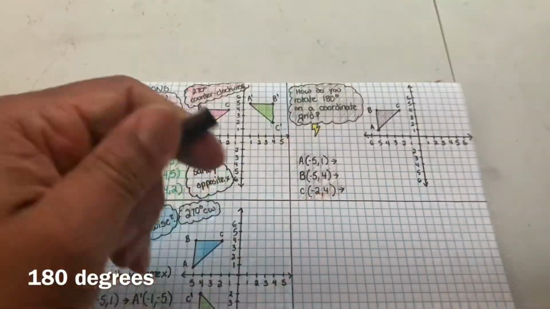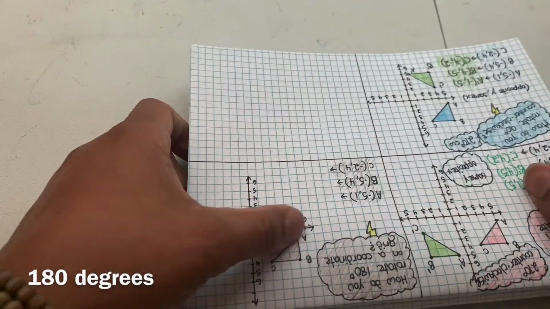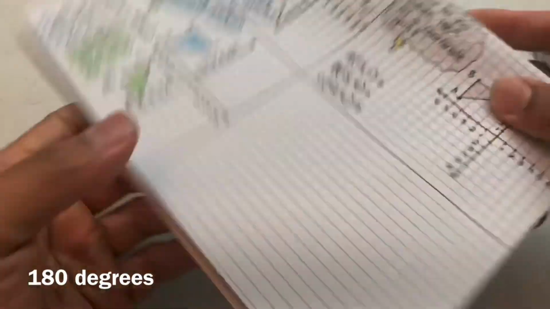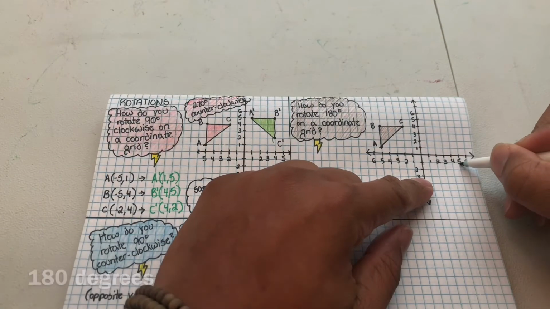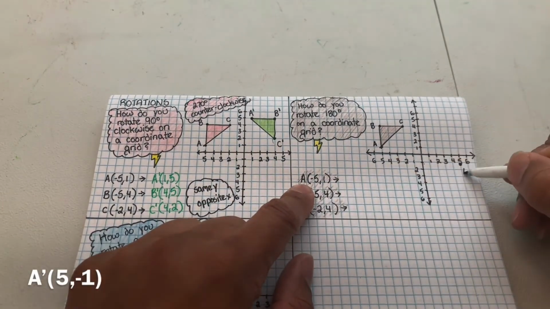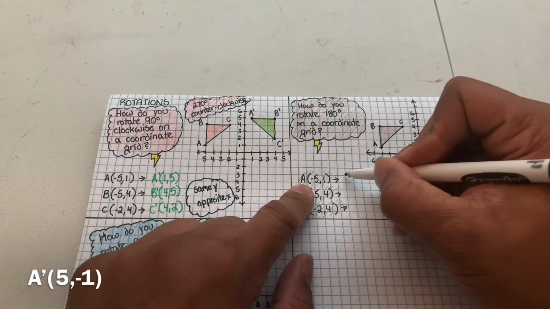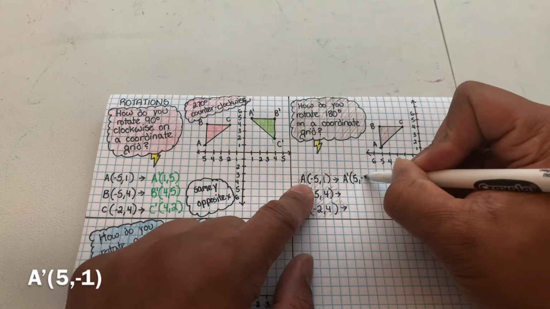We're gonna put it at 5, 1. Let's go back one more time. 5, -1. So it's at 5, -1. Okay, so we gotta put one at 5, -1 right here and make that A prime. A prime is at 5, -1.